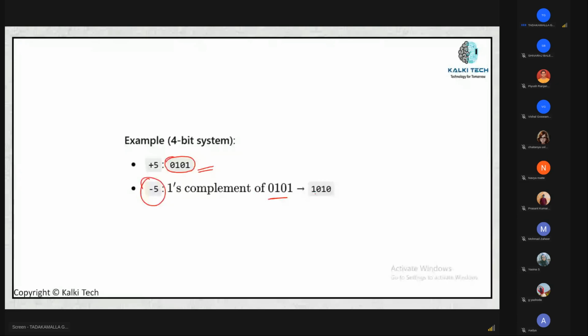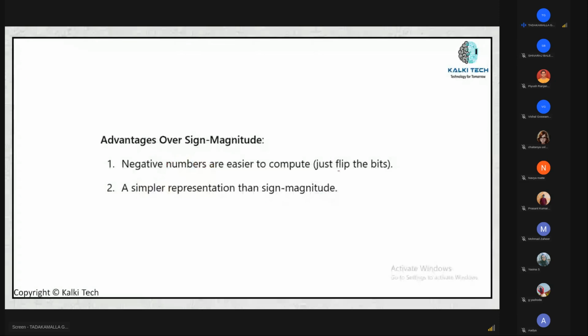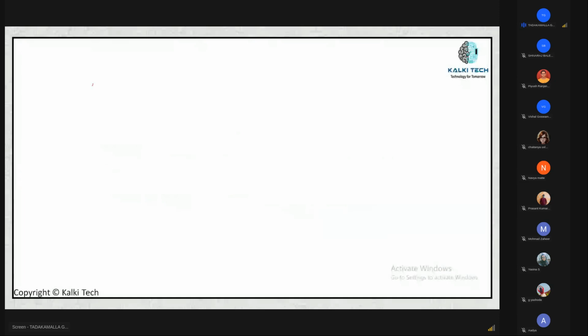Now, negative numbers are easier to compute. We just flip the bits, which is a simpler representation than sign magnitude. In sign magnitude, plus 5 is 0101, and for minus 5 we have sign bit 1 followed by 101.